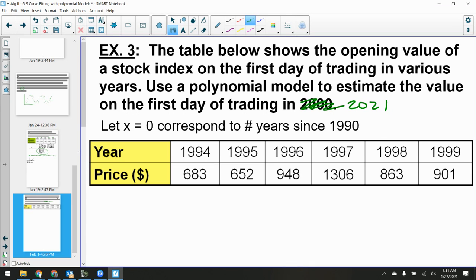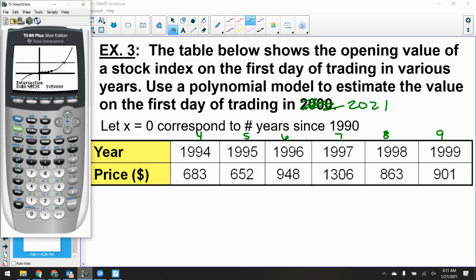Let x equal 0 correspond to the number of years since 1990. Nice round number. Okay, so that means my x values for the year are going to be a 4, a 5, a 6, a 7, an 8, and a 9. All right, so I go into my calculator, go to stat edit, and clear out list 1 and list 2.